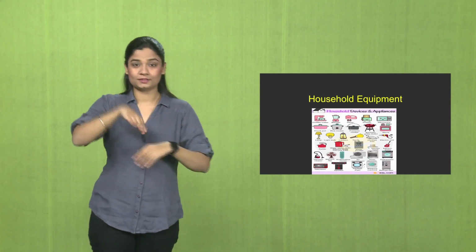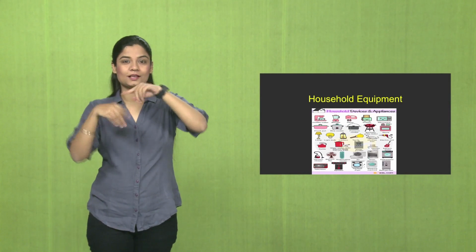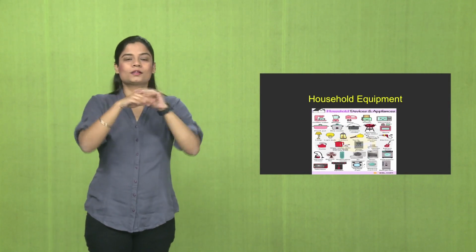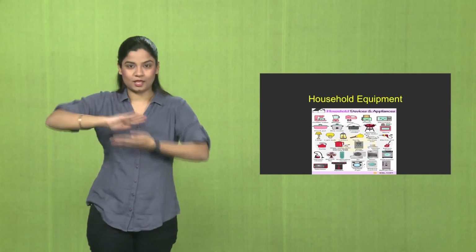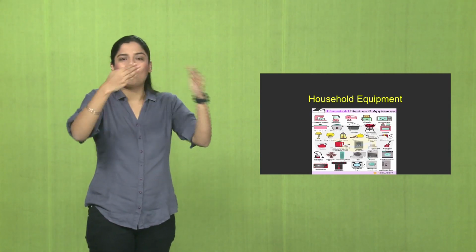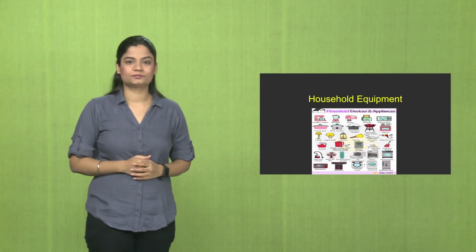Household equipments, things of the house, for example, air conditioner, refrigerator, microwave, laptop, different things that are used in the house, the things that are there in the house.